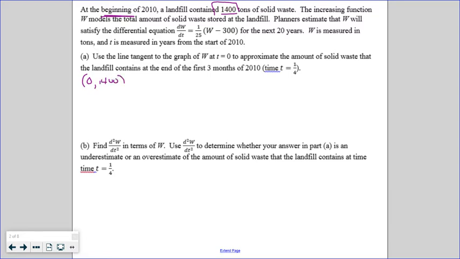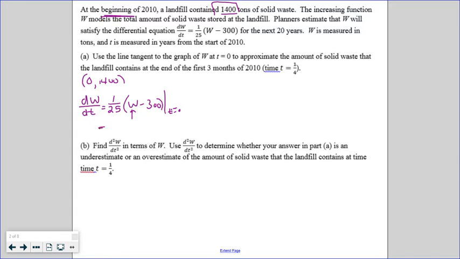And then we need a slope, and our slope's always going to come from our derivative. The derivative that they give us of the function is 1/25 (W minus 300). And we want to evaluate this at time equals 0. Well, at time equals 0, our function, which is W, has a value of 1,400.